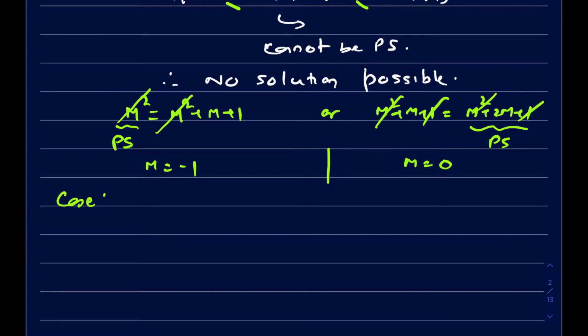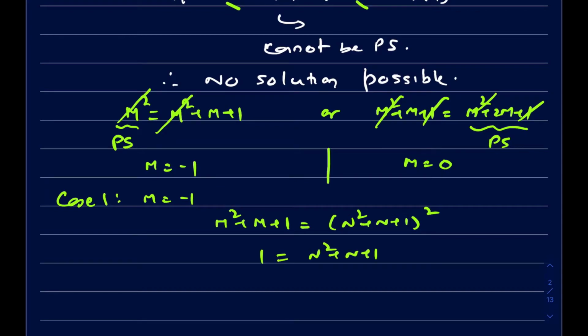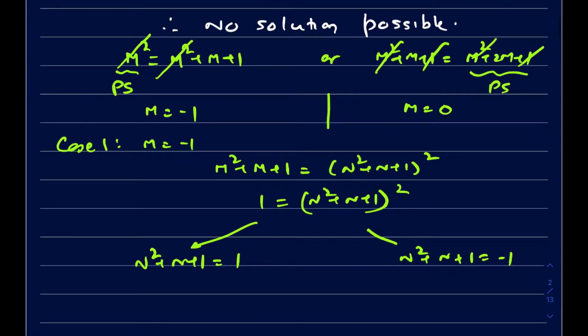If m is equal to -1, then if I substitute back into the original equation, we'll get 1 is equal to (n^2 + n + 1)^2. If I solve it, then n^2 + n + 1 is either equal to 1 or -1. Therefore, n is equal to 0 or n is equal to -1.